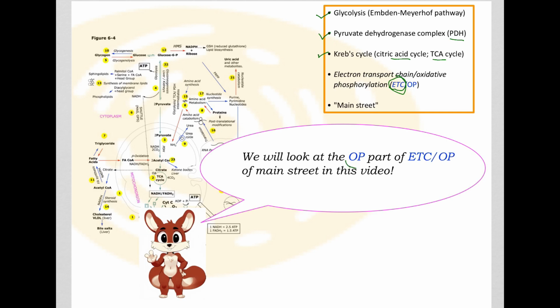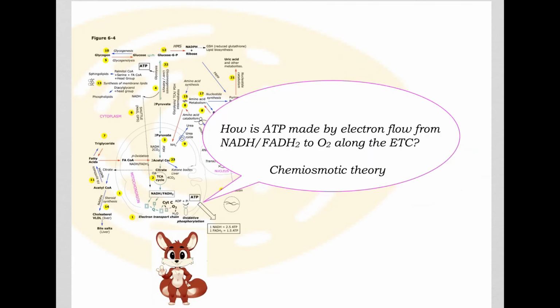Today we shall focus on oxidative phosphorylation. So we will look at the OP part of Main Street. The key question we will try to answer today is this: how is ATP, which is our major source of energy, made?